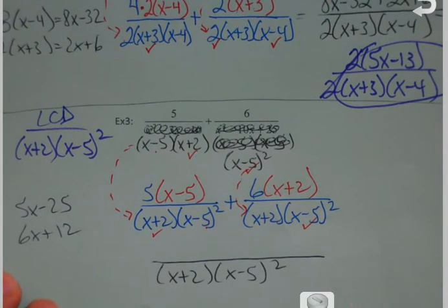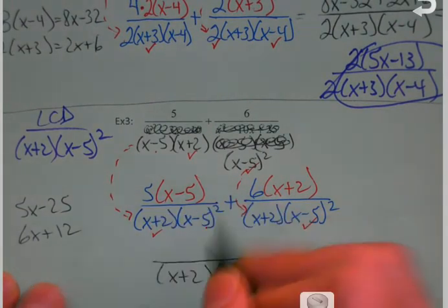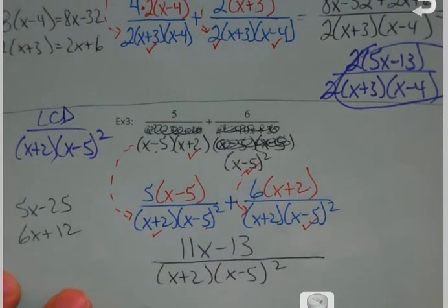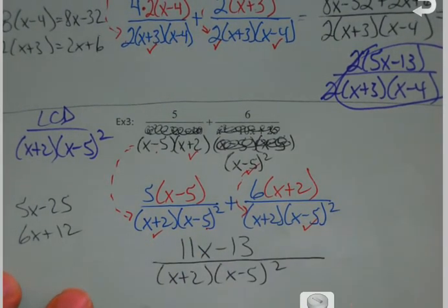And with the plus, I'm going to combine like terms. You know, if I had minus, I'd have to distribute that negative through. I have 11x minus 13, which is not factorable. So that's done. Now again, keep this in a place where you've got a reference, where you can kind of try to figure this out. You've got to fight through this. No, this is not easy. Okay? It's not, but you've got to fight through.